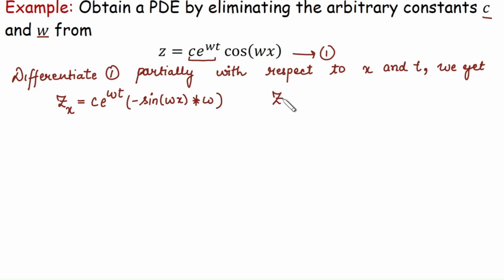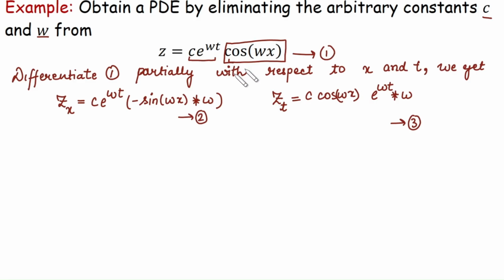Similarly, calculate the partial derivative of z with respect to t. So for that case, x is a constant. If x is a constant, in this case cos of wx is treated as a constant. c is already constant, so we can write c into cos of wx as it is. And the derivative of this term with respect to t is e raised to power wt into w.